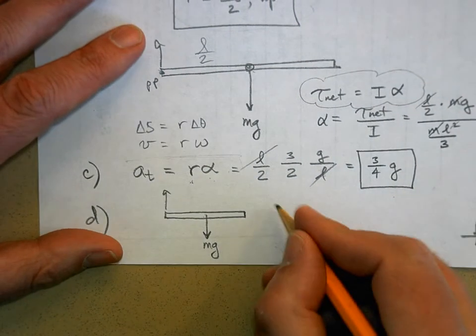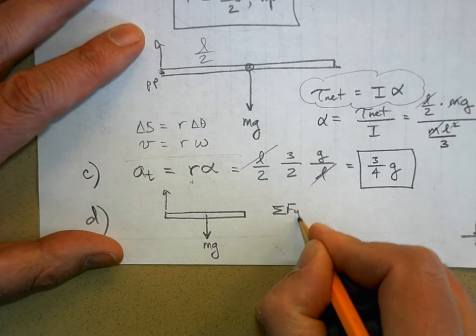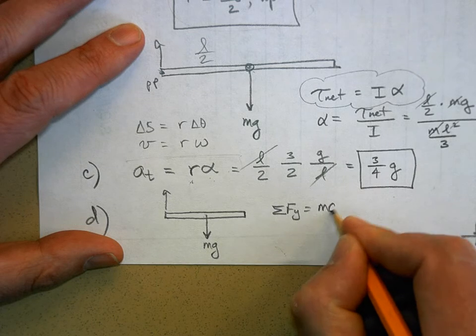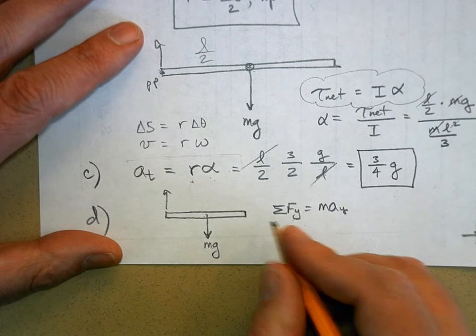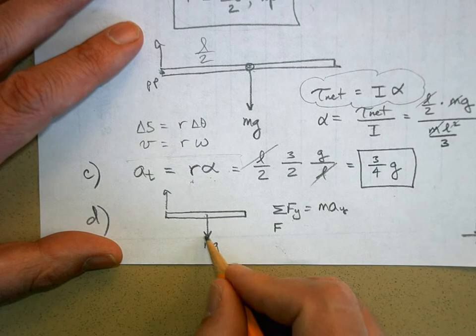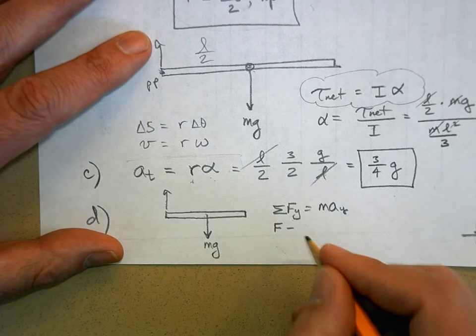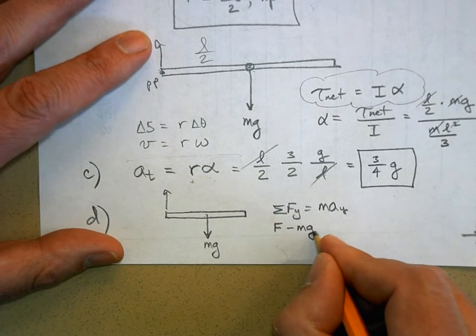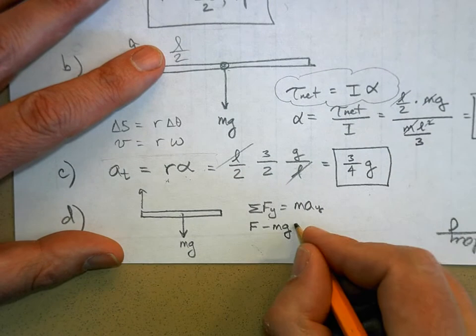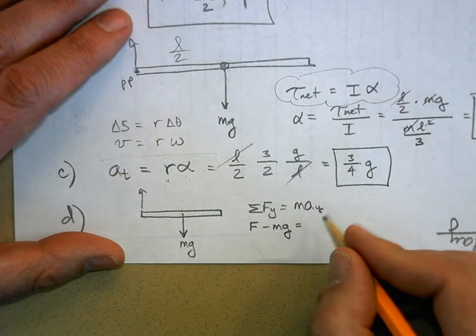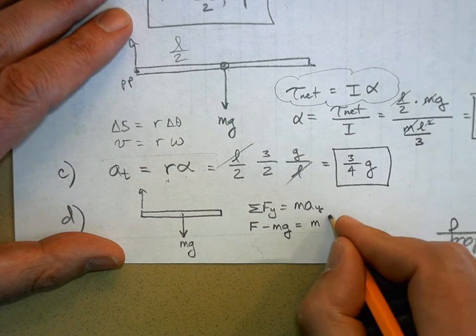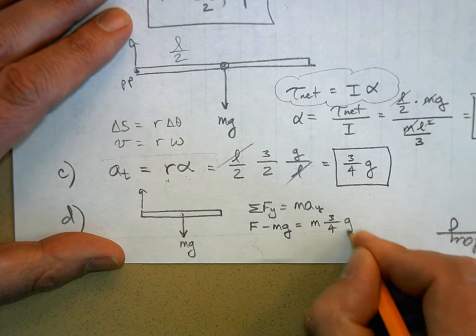So if I sum the forces in the y direction, that will be equal to ma in the y direction. And so we've got my unknown force, I've got minus mg, and this is going to be equal to ma. But a is 3/4 of g. So it's m times 3/4 of g.